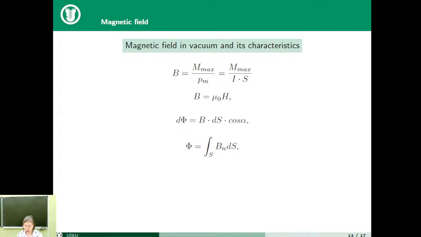Magnetic field. Magnetic field in vacuum and its characteristics. The source of a macroscopic magnetic field is a magnetized body, conductors with a current, and movable electric charges.